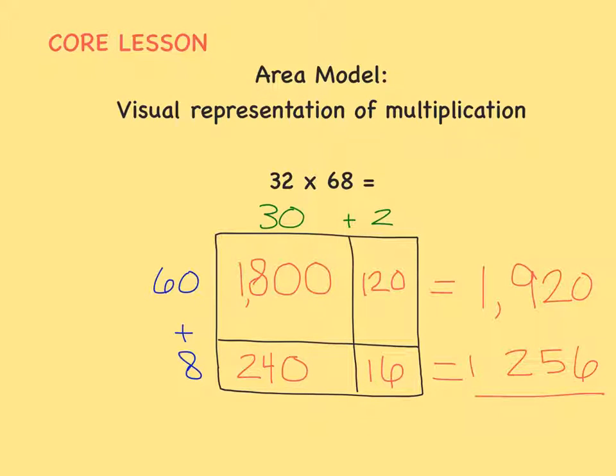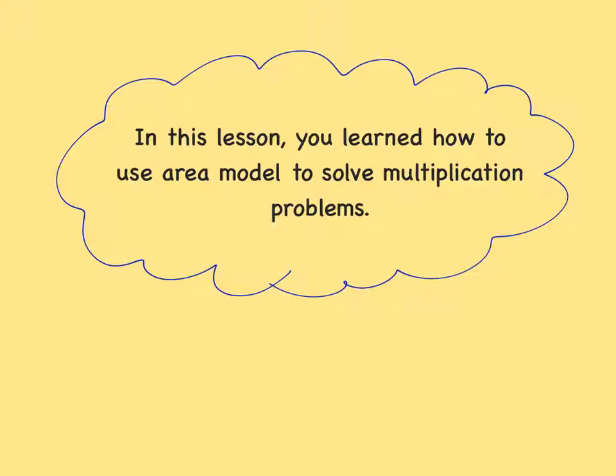Let's add these up to see what all 4 are together. All 4 boxes together equal 2,176. 32 times 68 equals 2,176. In this lesson, you learned how to use area model to solve multiplication problems. Oh yeah!